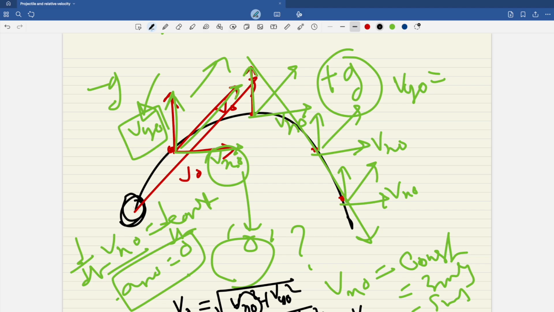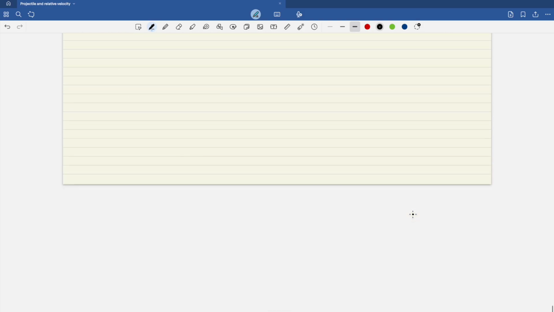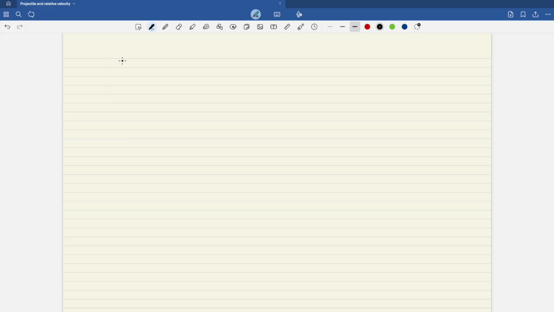So Vy is directly equated to Vy naught. Now let us move further and solve some questions through which we will be figuring out some equations. We will be deriving some equations as we go through these questions.